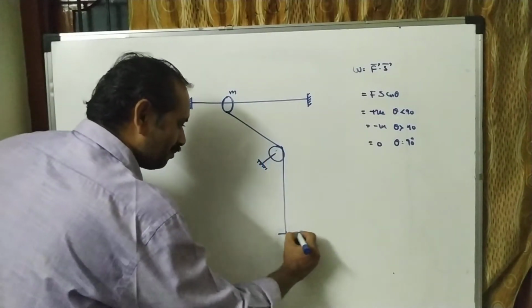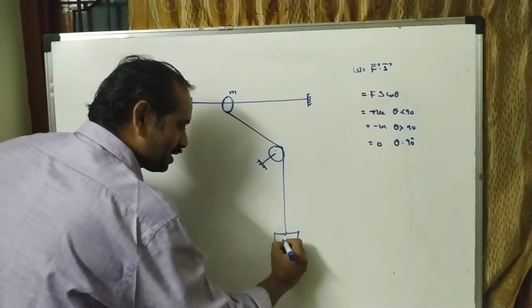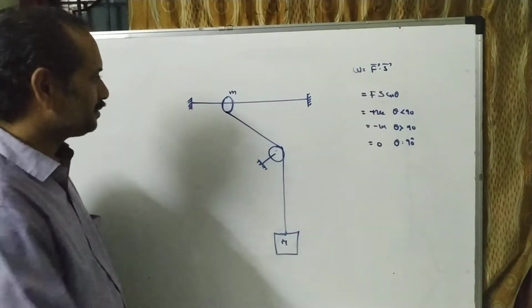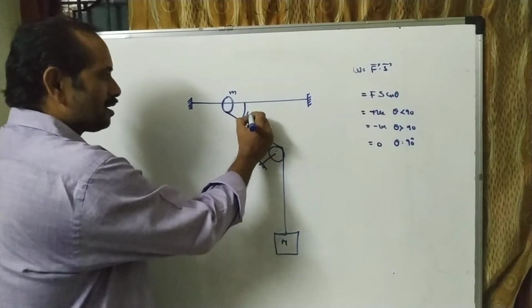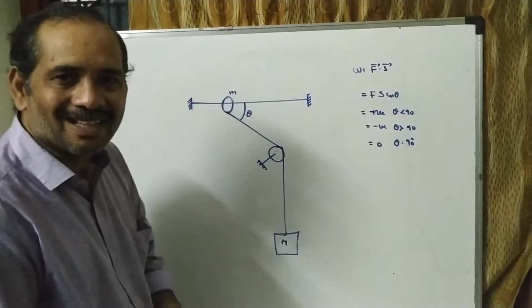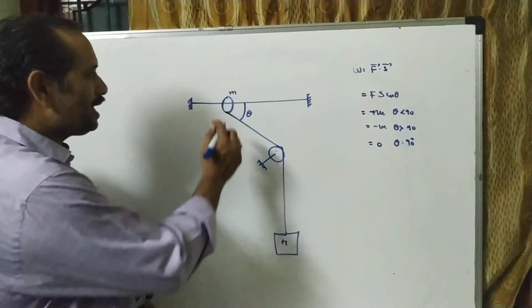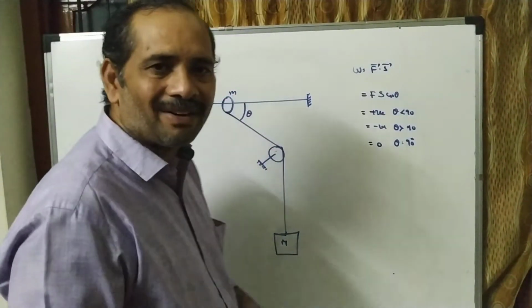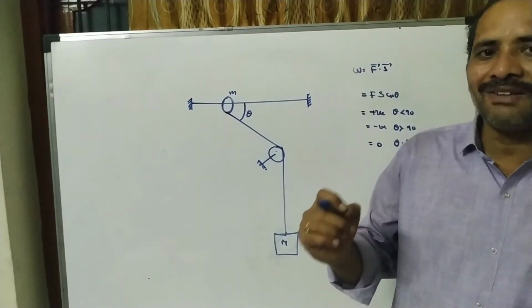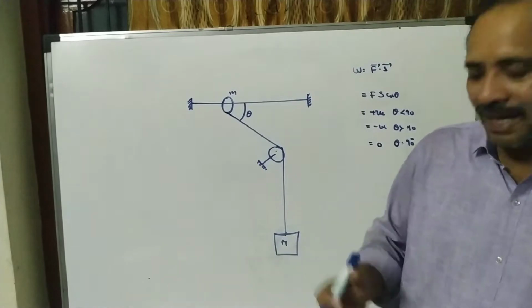Now like this, a block of mass capital M is attached to it. The question is: what is the maximum velocity acquired by the ring during the motion of capital M?